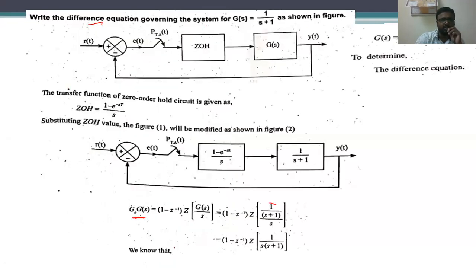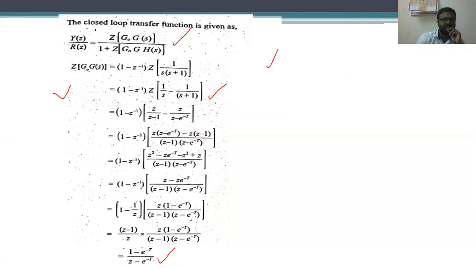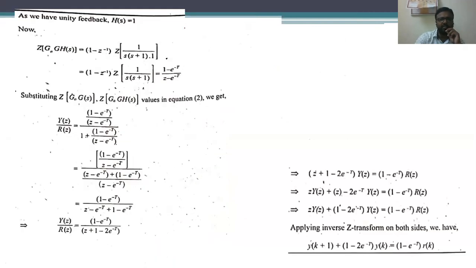But it has been asked in the problem to calculate the difference equation.